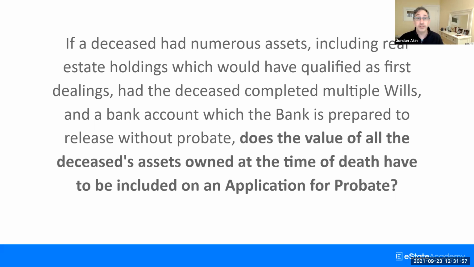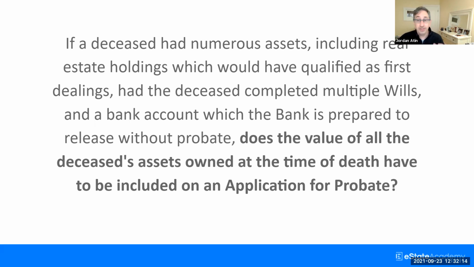So here we have this typical situation: the deceased did one will, and yet there are assets that don't need probate. And the question is, do we have to even include those assets that didn't need probate in this situation because we've got one will?